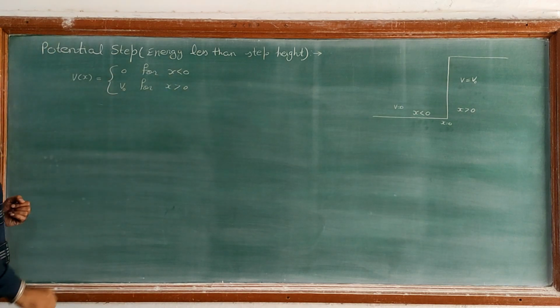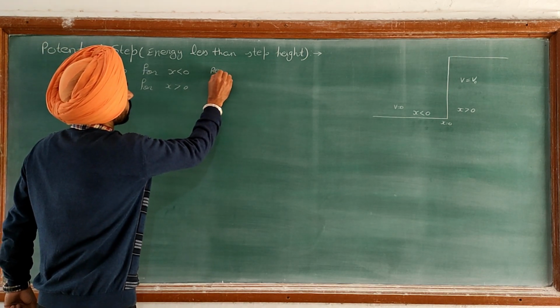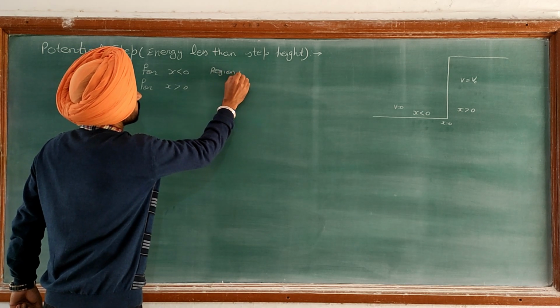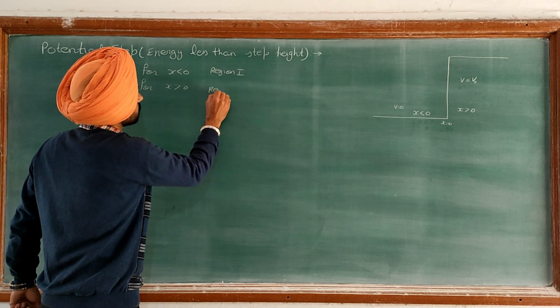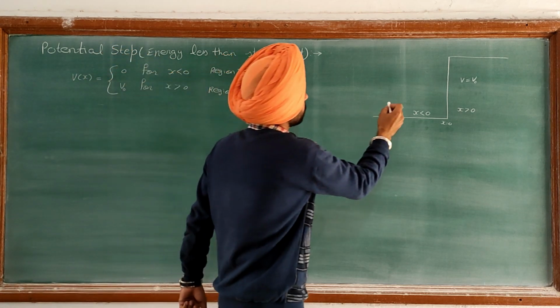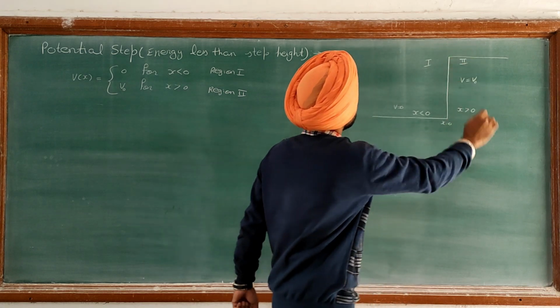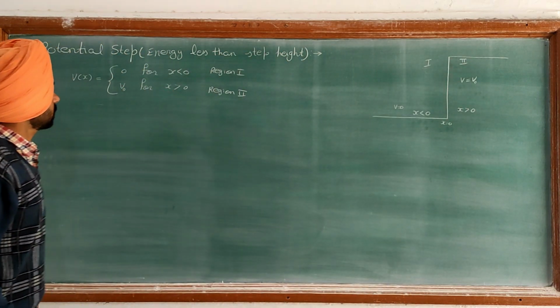We can define this potential step or barrier like this. This region is called region 1, and this is region 2. So we have two regions in our diagram.